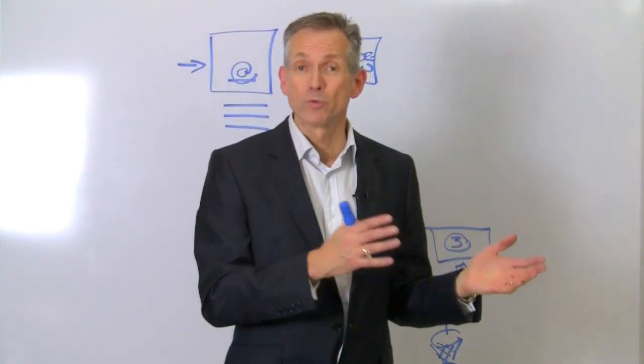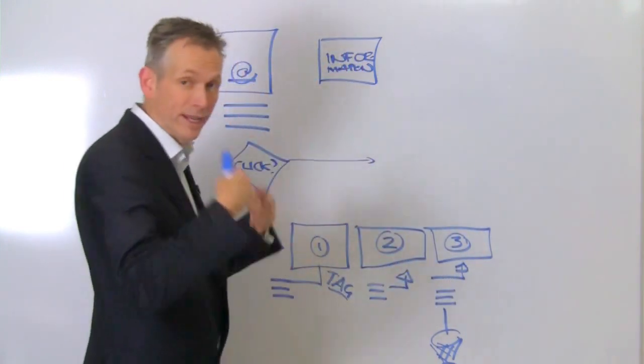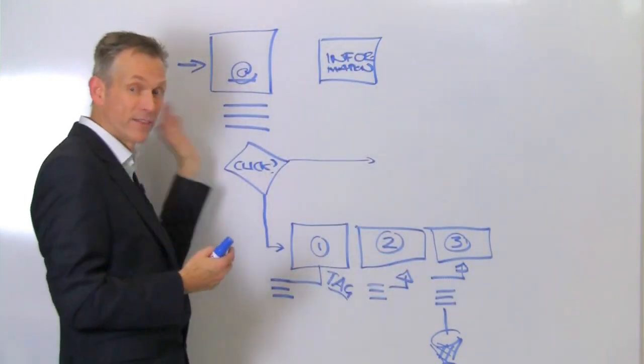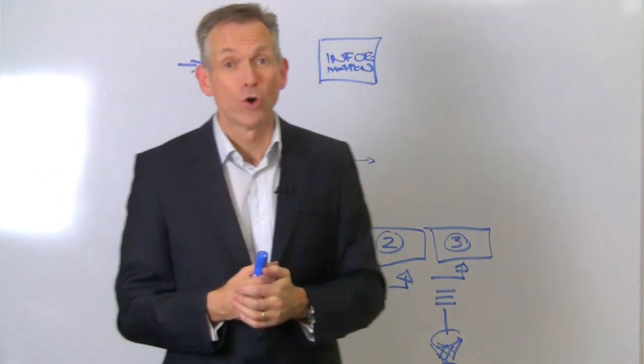But this can still be used with offline as well, which we'll talk about later in this training. We'll talk about offline marketing and how that can be driven back into this online system.